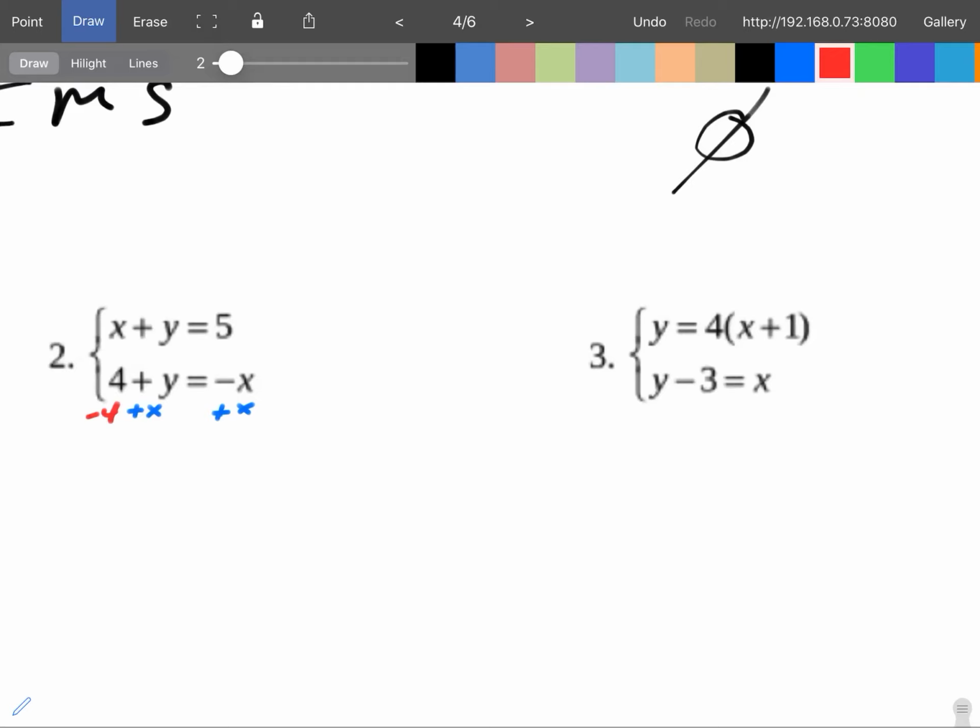Oh, wait a minute. Do I want to do that? Yeah. All right. Now let me rewrite these for you. The top equation is still X plus Y equals 5. And the bottom equation now, well, these X's will cancel and these 4's will cancel. So the bottom equation becomes X plus Y equals -4.